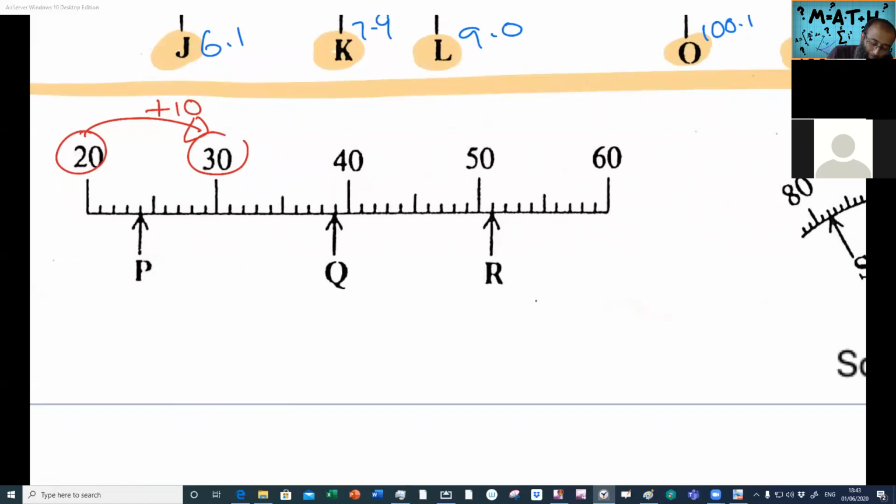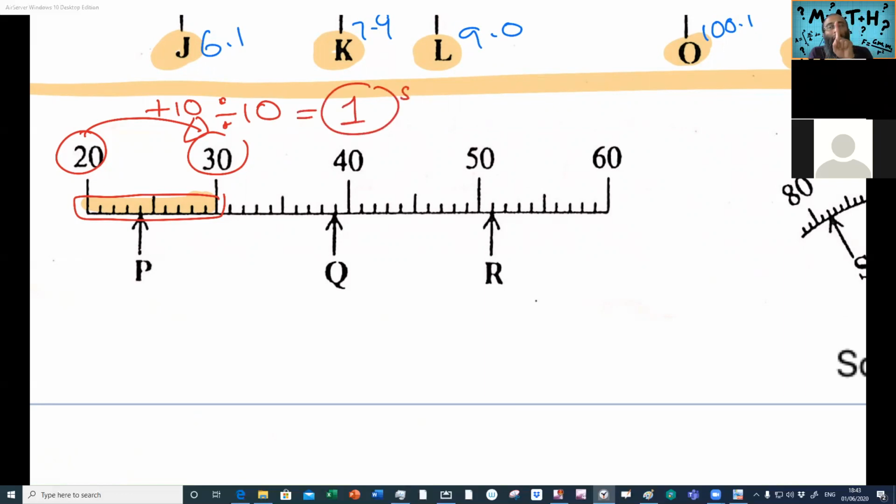Fantastic. How many little gaps do you have at the bottom? 1, 2, 3, 4, 5, 6, 7, 8, 9, 10. 10 gaps. What's 10 divided by 10? 10 divided by 10 is 1. Oh, beautiful. So now we are not counting in 0.1s anymore.